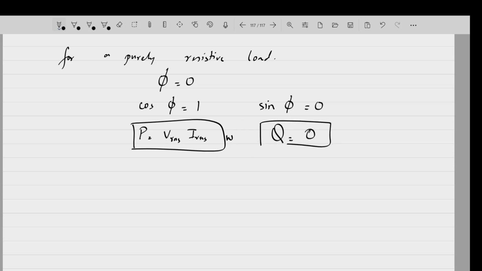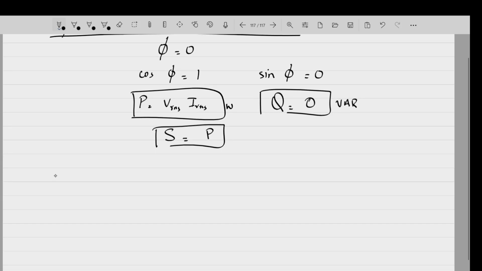So this will be these many watts, this will be these many VARs, fine. और S उस टाइम पे कितना होगा? S डायरेक्टली P plus jQ, तो एक्चुअली Q 0 है यहाँ पे, खाली P के बराबर होगा. This is for a purely resistive load.